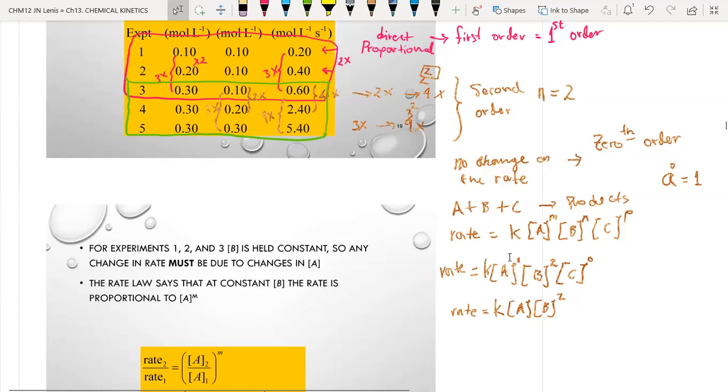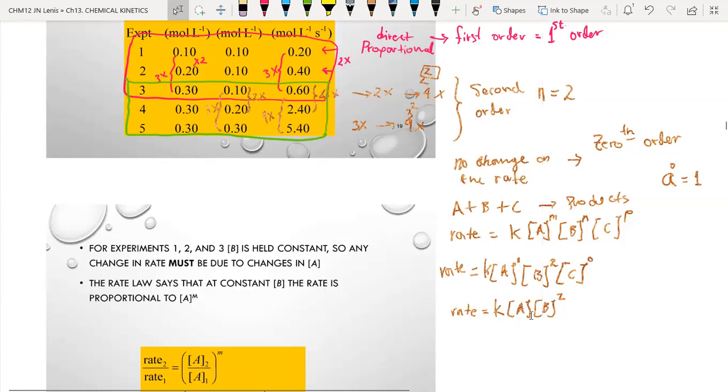With respect to B is second order, and it's not showing C, that's times 1. Although C is here in the reactives in your equation, that means it's 0 order with respect to that. In other words, by changing concentration of this reactive in that reaction, we will not make changes on the speed of the reaction.